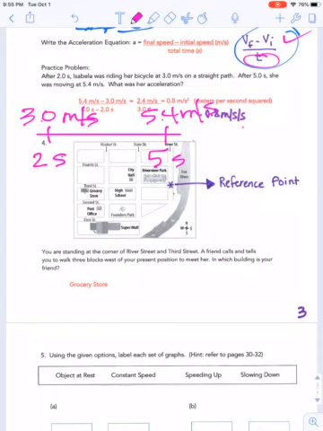So I'm going to subtract final minus initial. So 5.4 minus 3.0, giving me 2.4. Final speed minus initial speed. 5 minus 2 is 3. And I would divide that out, and I came up with 0.8 meters per second squared. Now, that is positive acceleration because we are speeding up.